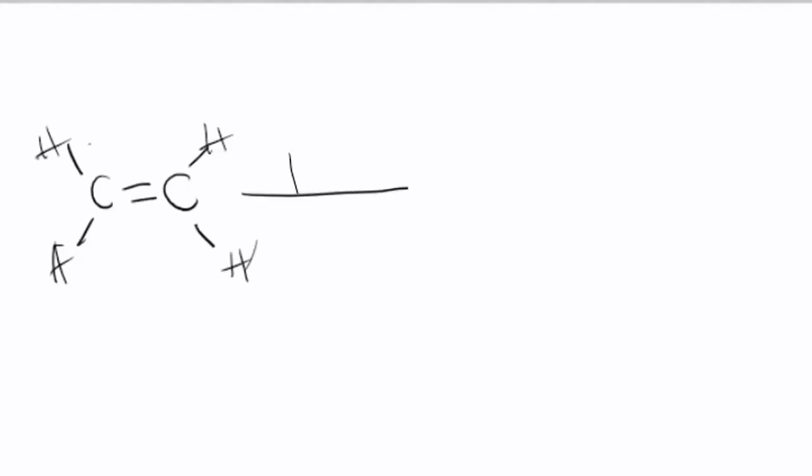So let's look at this. I have an alkene here, so I simply have just a hydrogen, a hydrogen, and a hydrogen. Now if this reacts with this, the first reaction we'll have is a carbocation reaction.